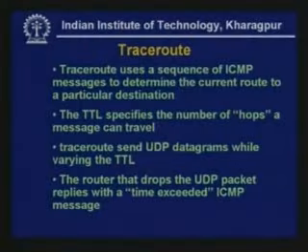Traceroute uses a sequence of ICMP messages to determine the current route to a particular destination. This is actually done in an iterative fashion. Suppose I want to trace the route to a distant machine, and I know its IP address.